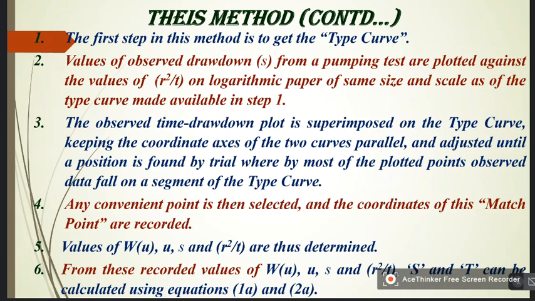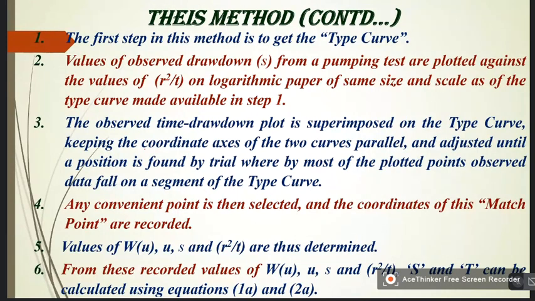This match point need not be on the graph anywhere. It can be anywhere. But the only thing is, these two graphs should be superimposed in such a way that the maximum part of your data graph coincides with the type curve.